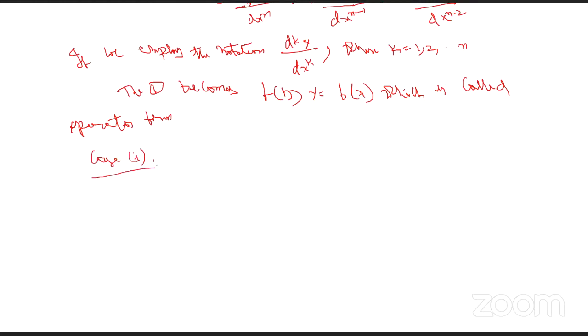Case 1: if b of x equal to 0 for all x in the interval, f(D)y equal to 0 is called a linear homogeneous equation of order n.